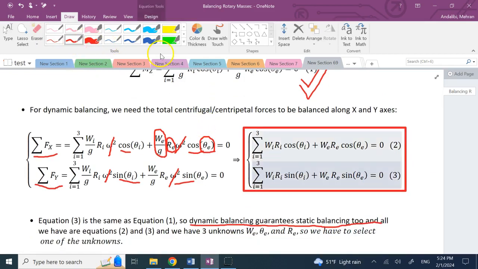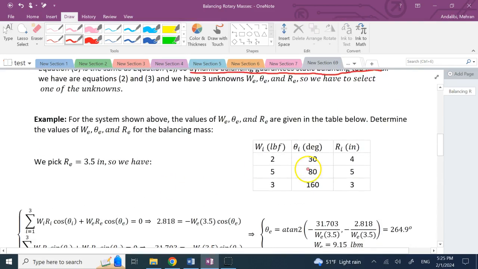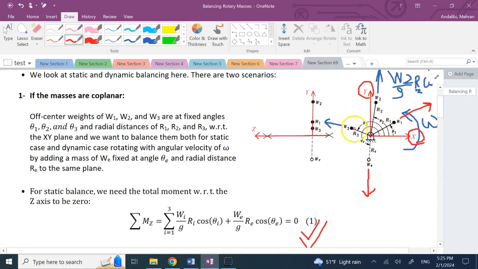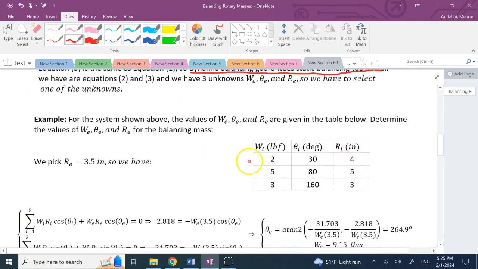So here, if I have the numbers for WIs, RIs, and theta i's, as I have in this example, for the same figure that I showed you, I gave you some numbers.